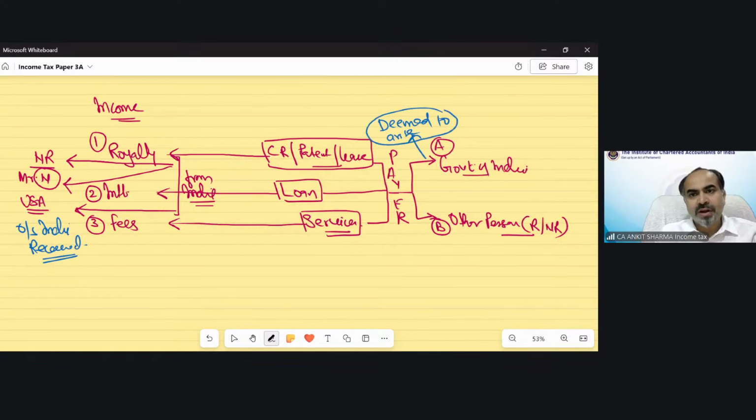And because it's going to be treated as deemed to arise in India, this payment is going to be taxed in the hands of Mr. N, even when he is a non-resident, because the payment has been flowing from the Indian government for royalty, interest, and fees. So that is going to be taxed in the hands of Mr. N.